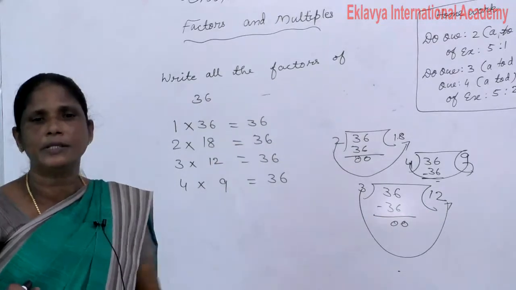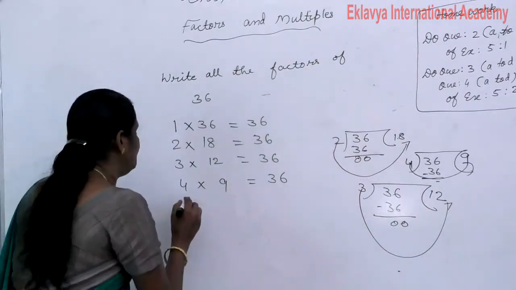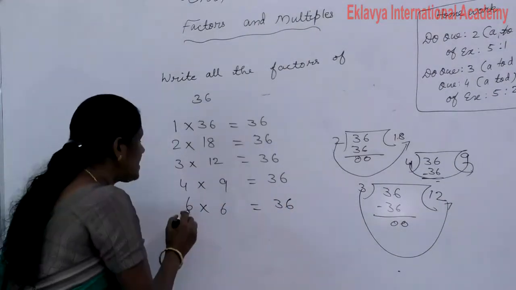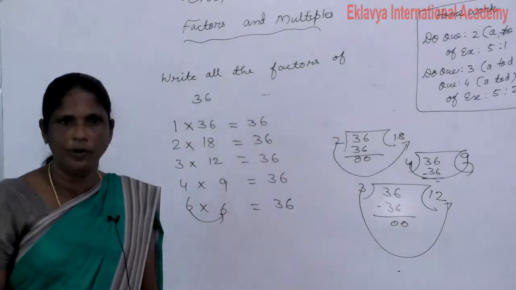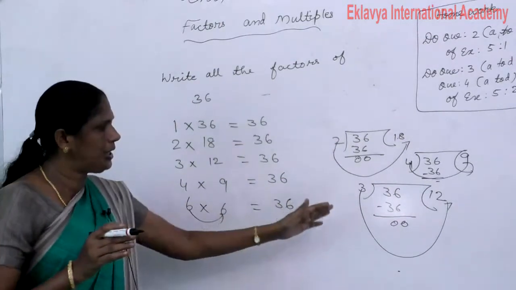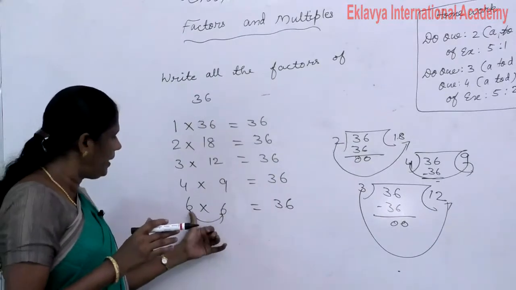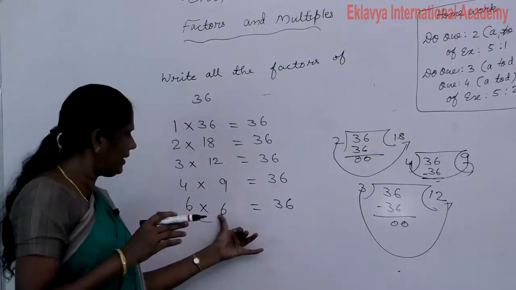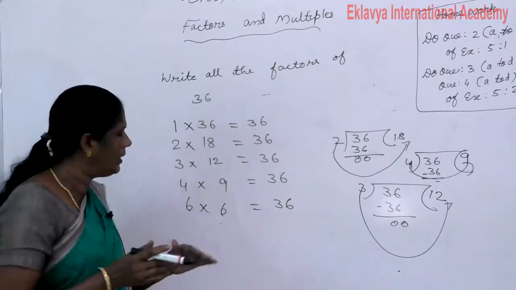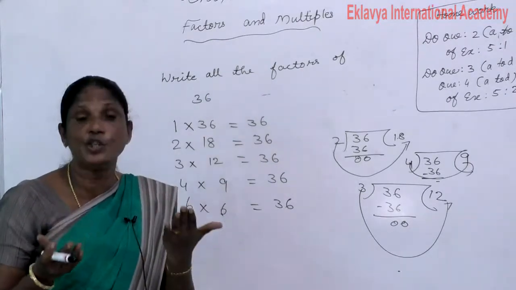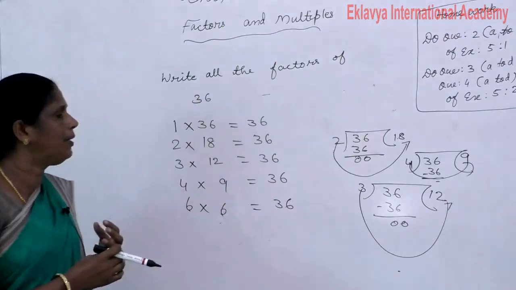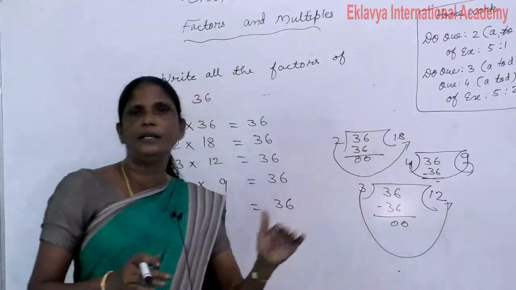Next number 6. 6 times 6 is 36. Here 6 and 6 are repeated. Then you stop when the quotient and the divisor are the same number. Here the quotient and divisor are repeated.